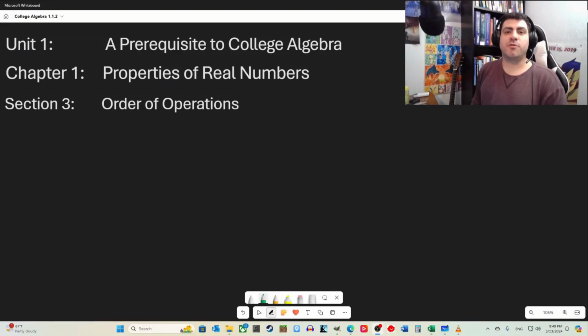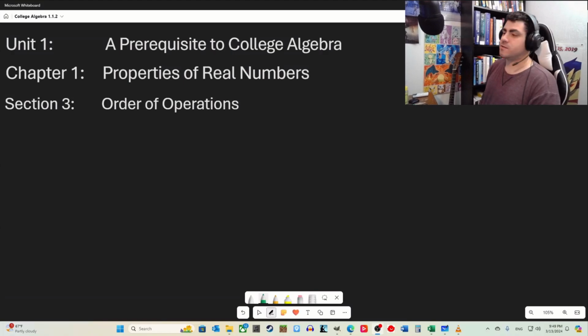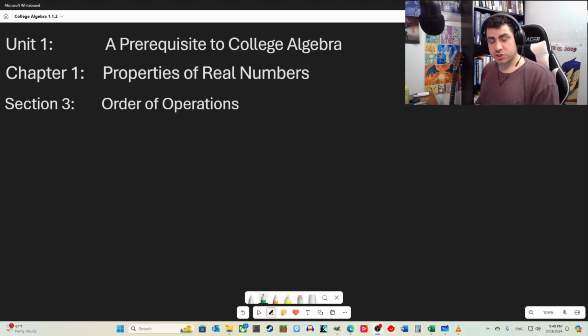This is section 3. We are finally moving on from section 2 on to section 3, order of operations. Now that I have covered the basics of arithmetic, adding, subtraction, multiplication, division, and exponents and square roots, we can move on to which order we perform these things.